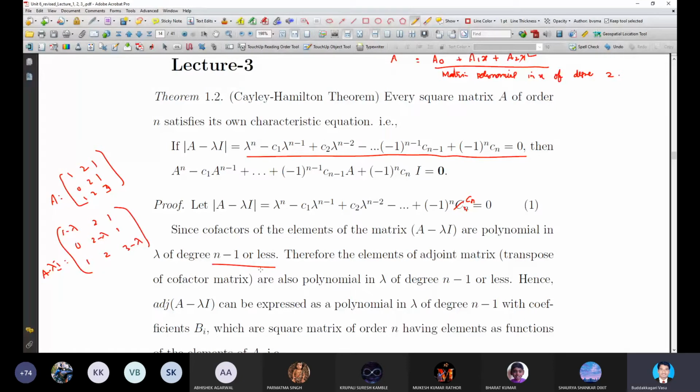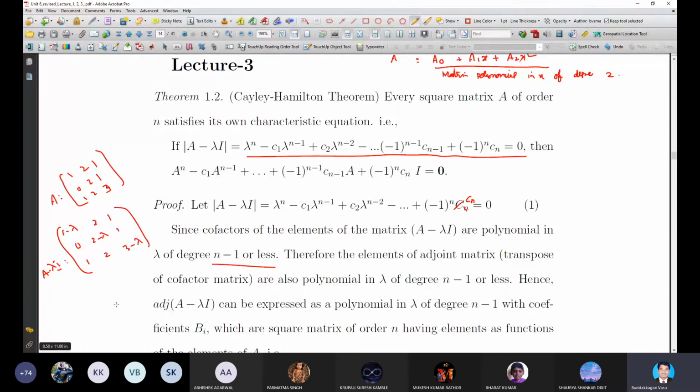So therefore, the adjoint matrix is defined as the transpose of the cofactor matrix, right? So this adjoint matrix has elements that are all polynomials in lambda of degree n minus 1 or less.